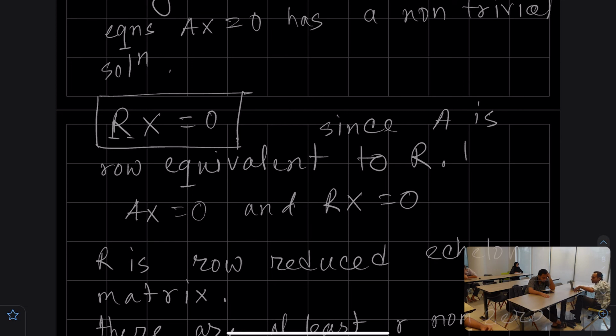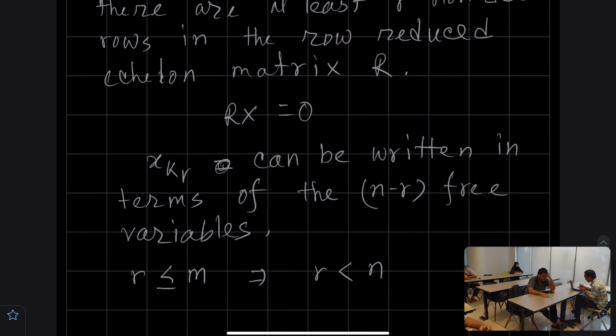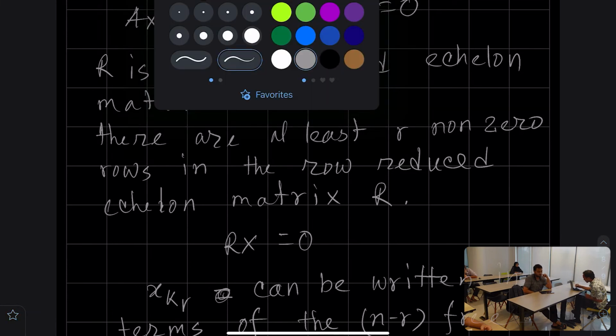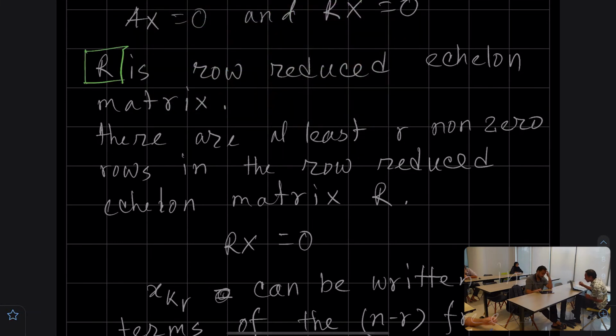But in the matrix R, the number of rows has to be less than or equal to m, right? Because A is row equivalent to R and the number of rows in A is m.